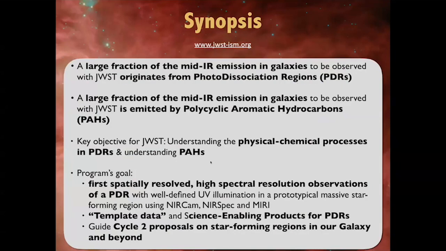My background is PAHs, so I'm thinking about PAHs. It's not in a sense about discovering new features, but it's about detecting the features so they're strong enough so you can actually study them. And also, combined with the spectral resolution, seeing if there is any substructure in those weaker features, which so far has not been done.